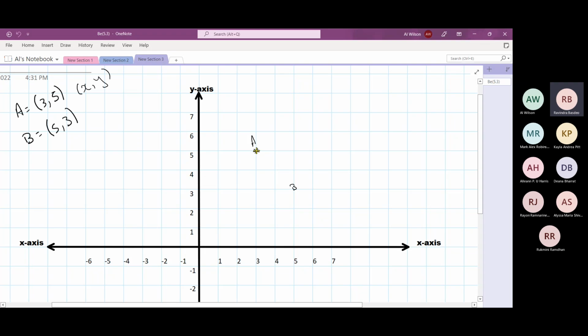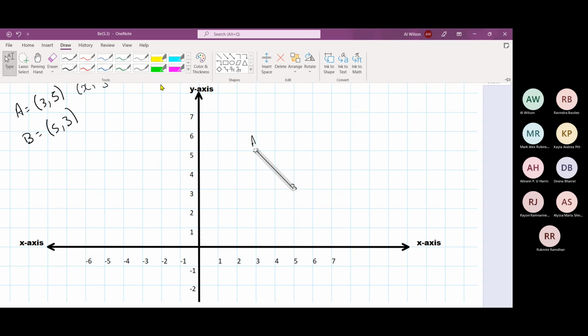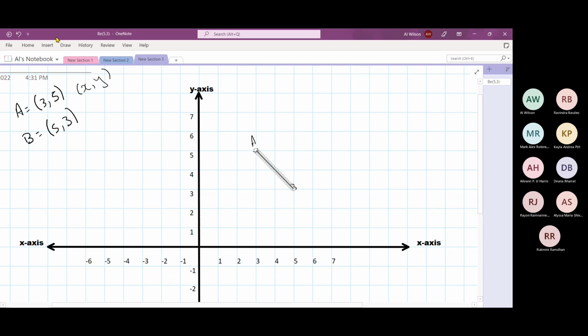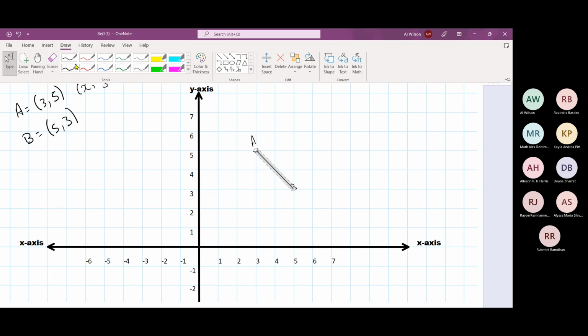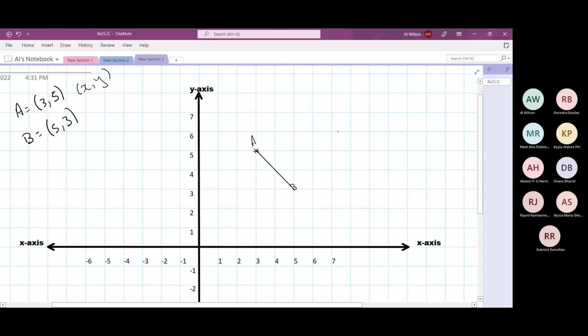So what I can have is a line that's going to go from A to B. A straight line. You must use your ruler to draw the line. Now, let's say we have another point C, located here at 7, 6. So 7 here, 6 here.